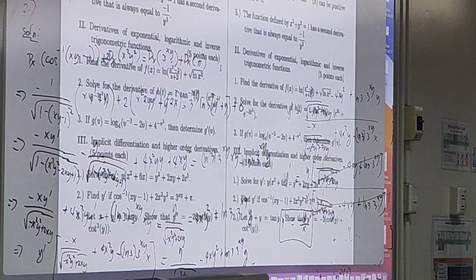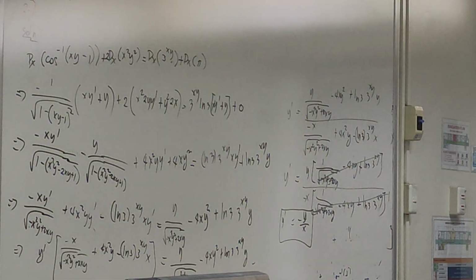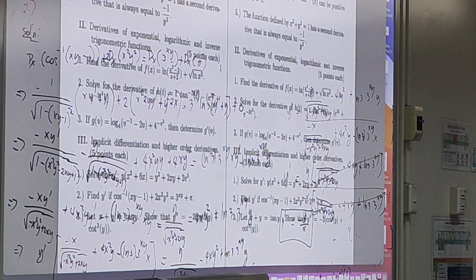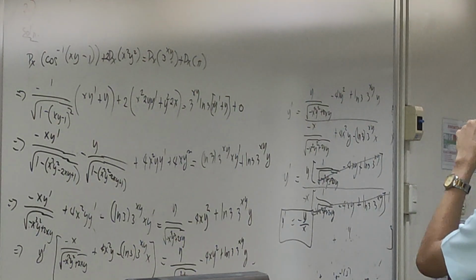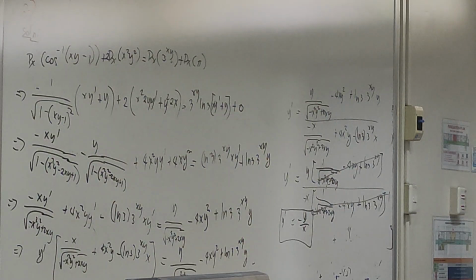Question for number 2 for test. I remember it was y over negative x, but it cancels out on the right side. I forgot which one it was based on.